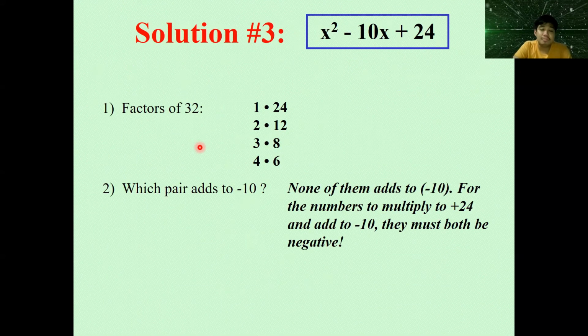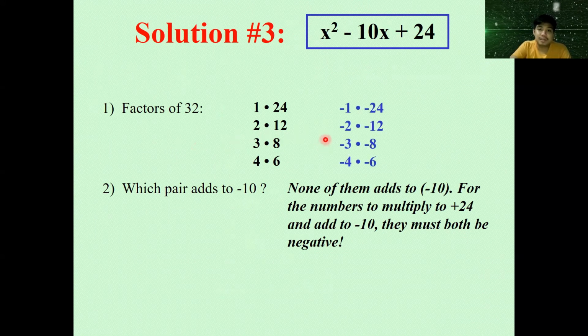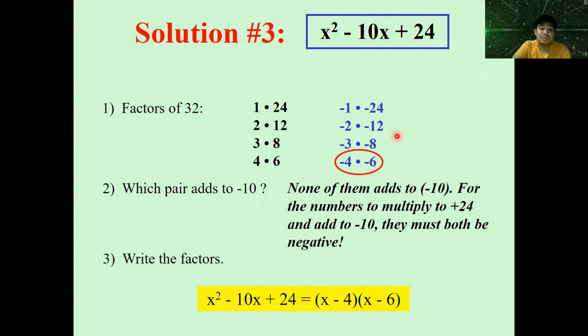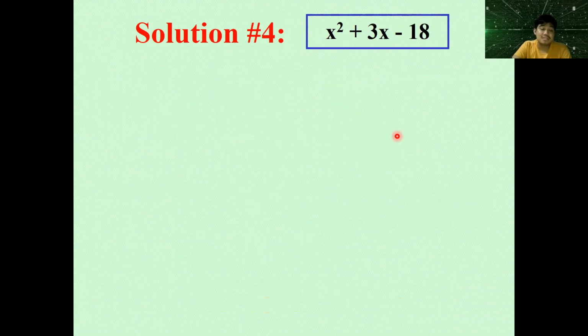Pero hindi, mayroon pang mga negative numbers na pwedeng maging factors. We have negative 1 and negative 24, 2 and negative 12, at negative 3 and negative 8, and negative 4 and negative 6. Ngayon, hanapin natin yung two numbers na kapag pinag-add natin is negative 10. So we have negative 4 and negative 6. Now, we will write the factors. The factored form of x squared minus 10x plus 24 is x minus 4 times x minus 6.